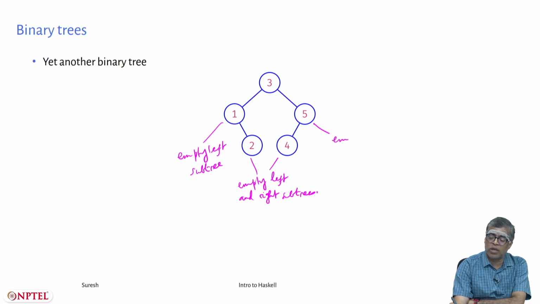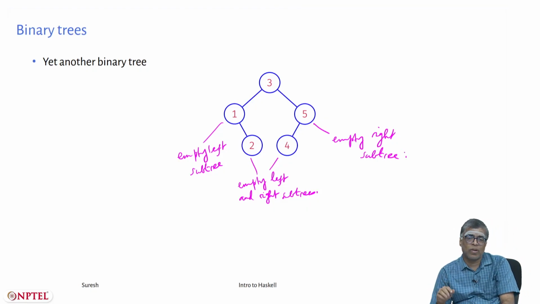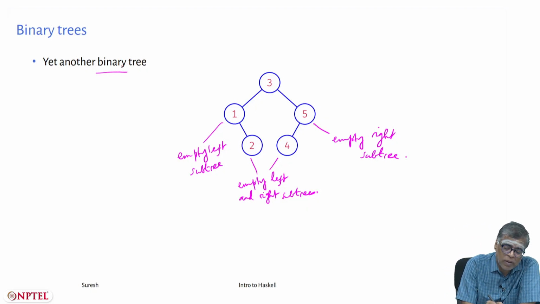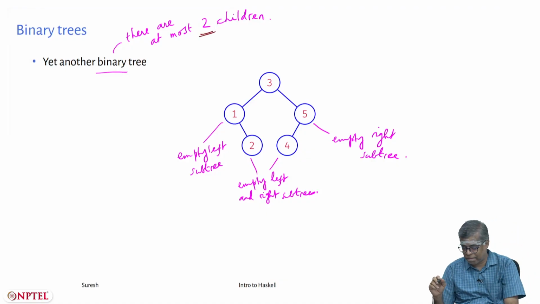Here this is empty right subtree. Okay, that's another tree. Binary because there are at most 2 children.